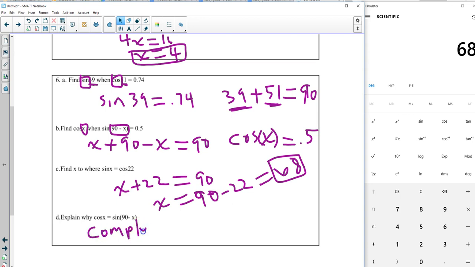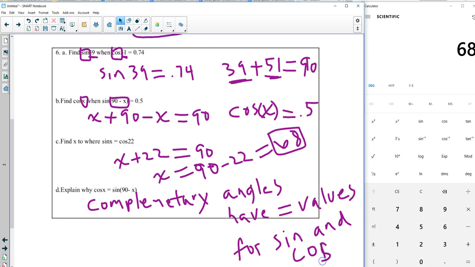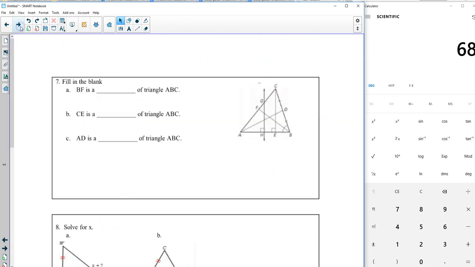Complementary angles have equal values for sine and cosine. Nothing else is down, so let's go to the next page.